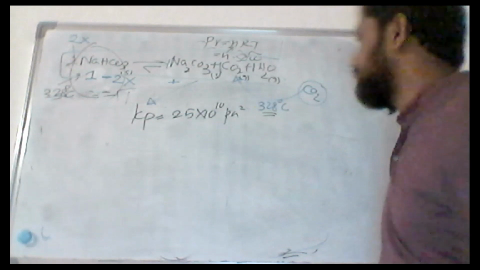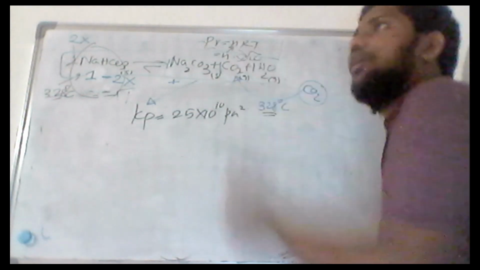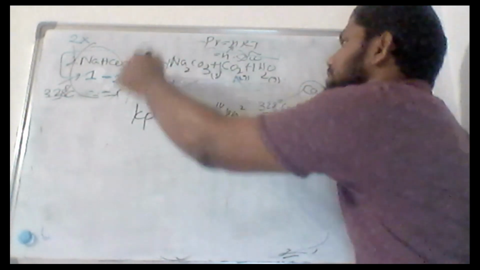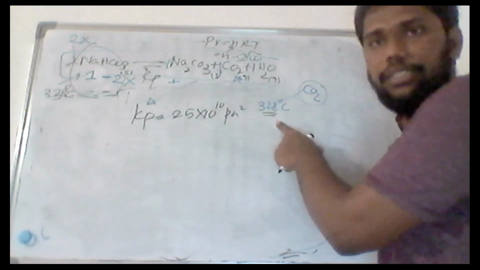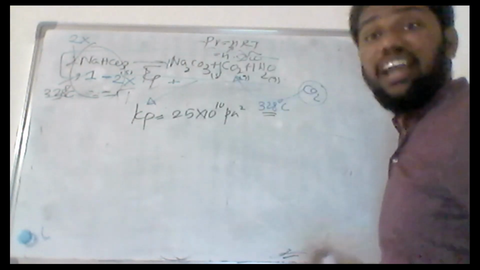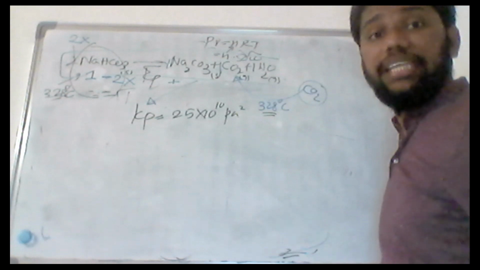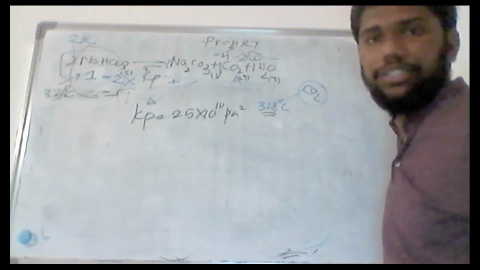What is going to change here? When you add CO2, the CO2 concentration is increasing, but they have to maintain this Kp. So in order to maintain Kp at constant temperature, this equilibrium should shift towards the side where they maintain this Kp expression. So there will be a new equilibrium that is established.